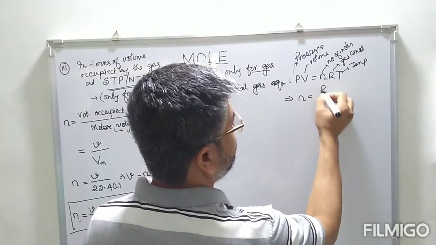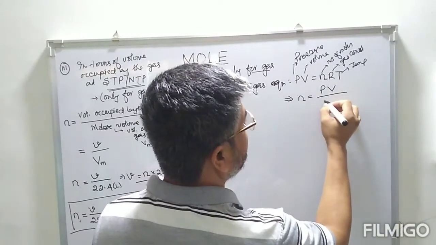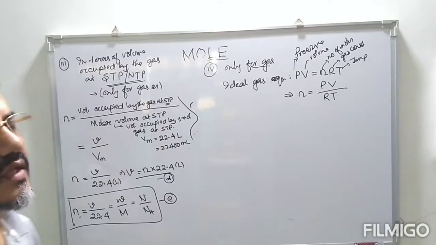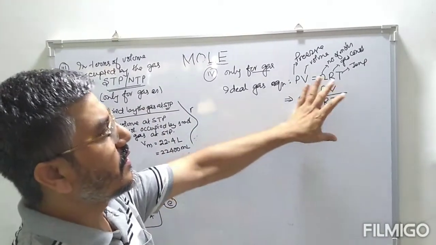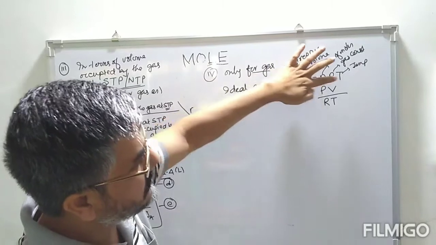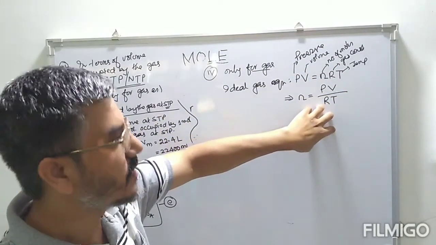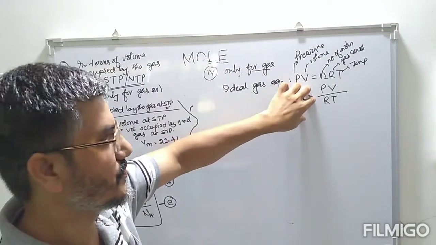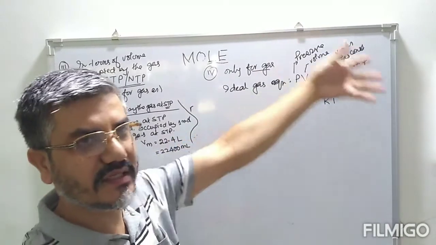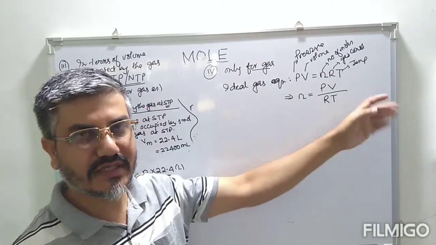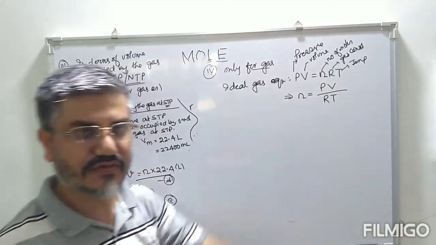N is equal to pressure into volume divided by gas constant R into temperature. If pressure, volume, temperature, gas constant are known, then we can define the number of moles contained in that given sample of gas whose pressure, volume, temperature at that instant have some values.